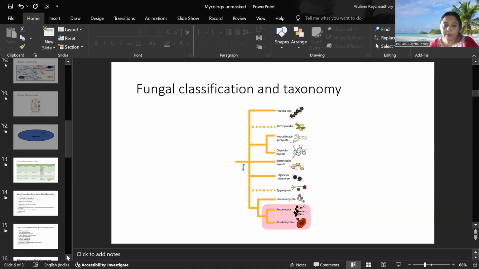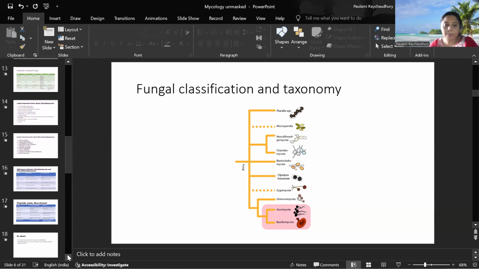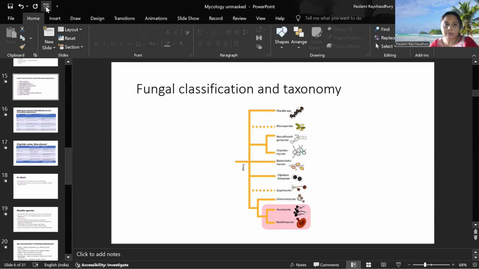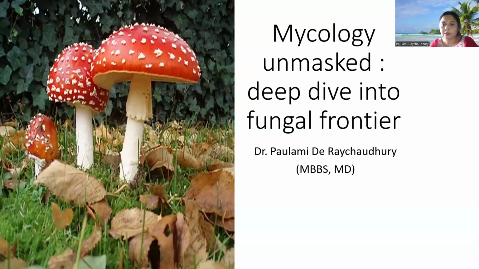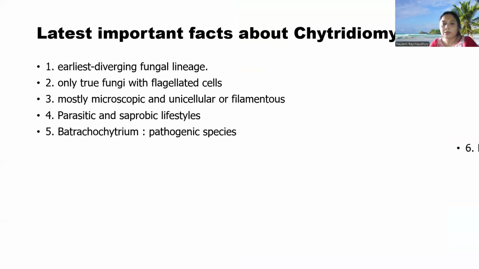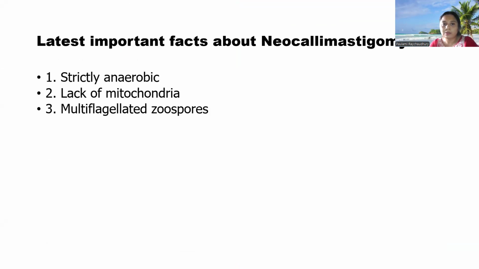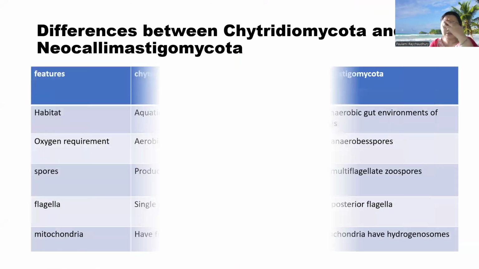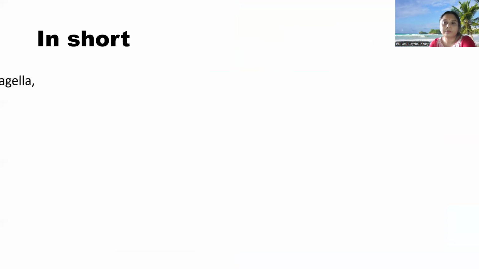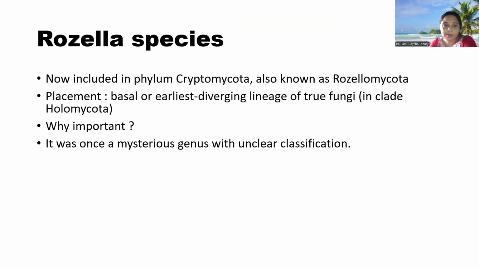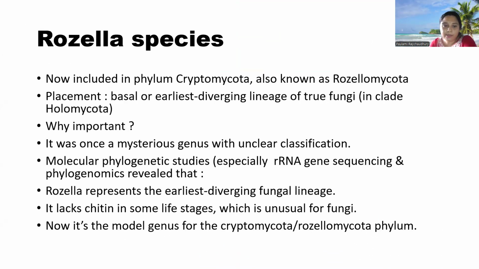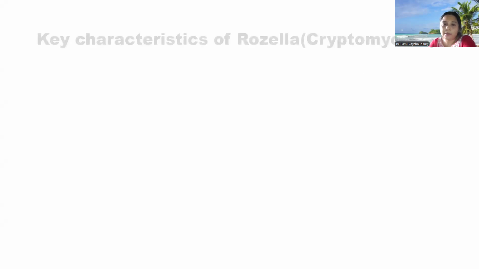Later on, they were separated. So Rosella species is the mysterious model genus for Cryptomycota, Roselomycota phylum.